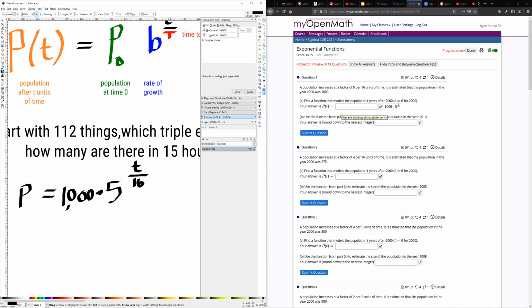And then, use the function from part A to estimate the size of the population in the year 2010. That's 10 years after the thing begins. So I would put a 10 here, so instead of t, now I'm going to put a 10. Okay, let's pull out the old trusty calculator.